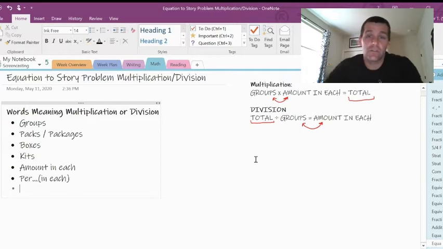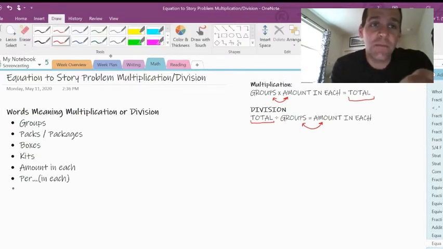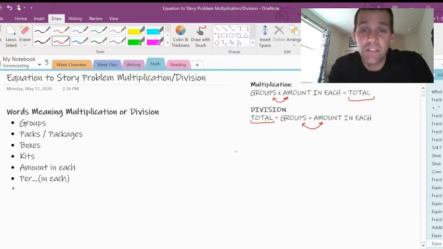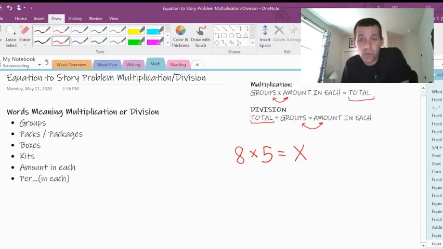Okay, so we're going to take the same numbers for each of them because that's going to help us as we relate it to both multiplication and division. Let's say, for example, I've got 8 times 5 equals x. Again, x means my variable, the thing that I am solving for.